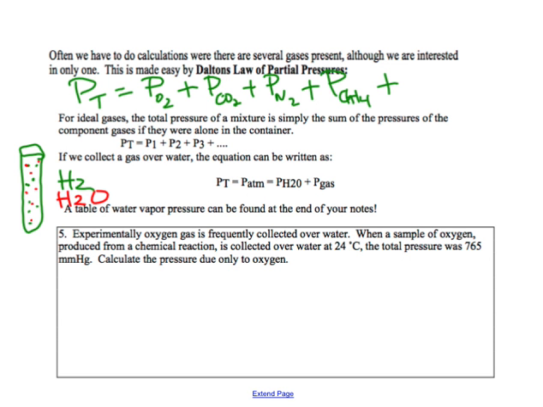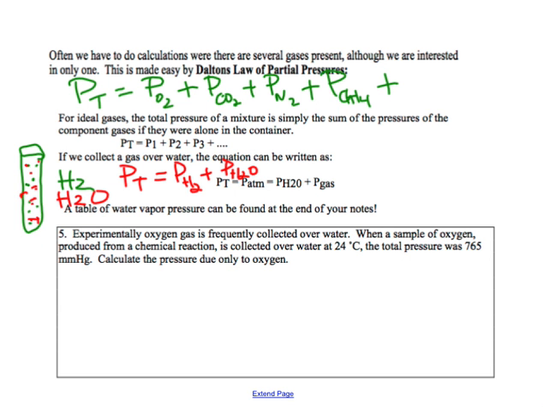So we have to get rid of the water from our pressure because these molecules are adding additional pressure to the container. So the total pressure of the container in the case of last year at pre-AP was equal to the pressure of the hydrogen plus the partial pressure of the water vapor gas.